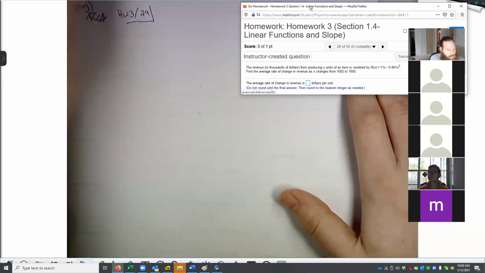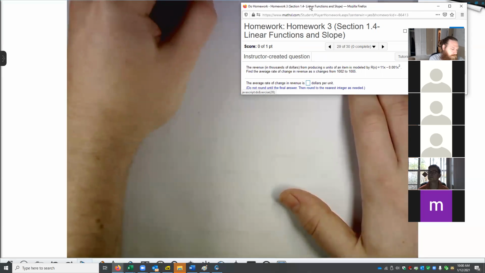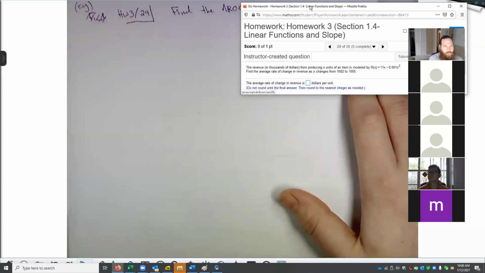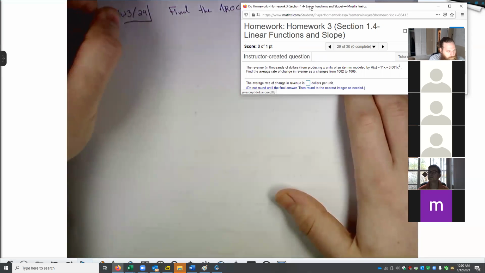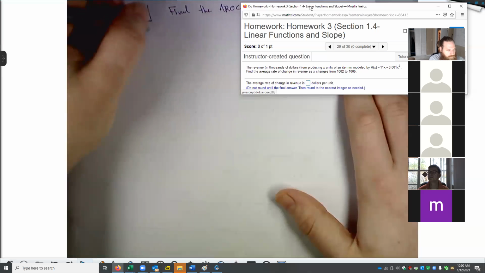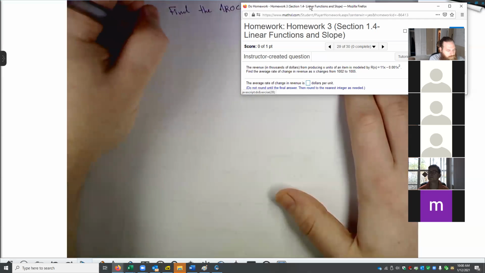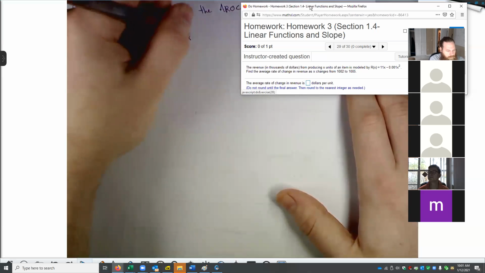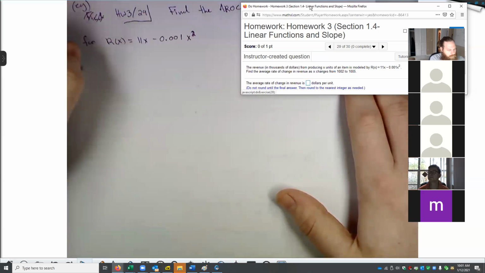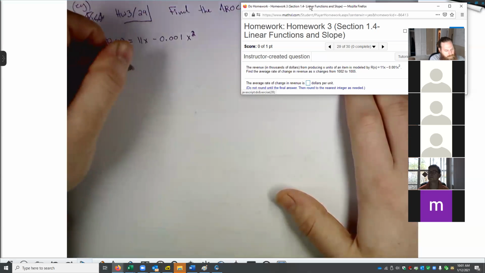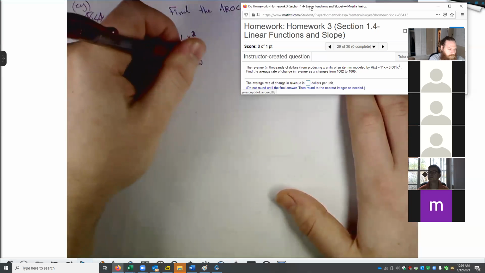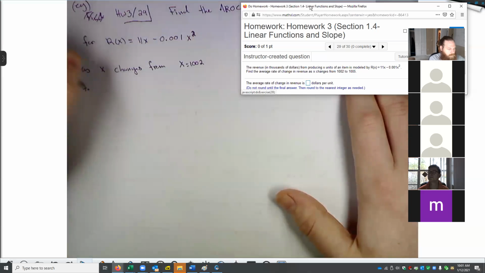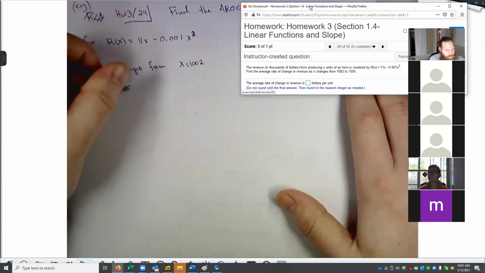Find the average rate of change, and you'll see me abbreviate average rate of change as AROC, for the revenue function, which is R of X equals 11X minus 0.001 X squared, as X changes from X equals 1002 to X equals 1005.